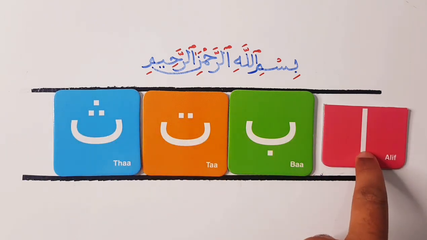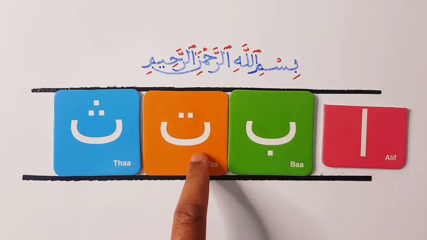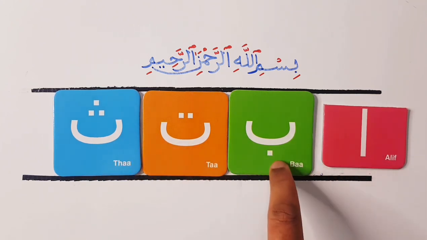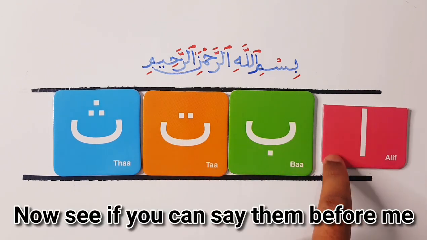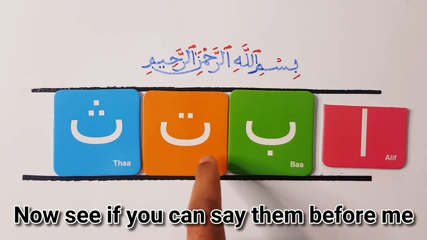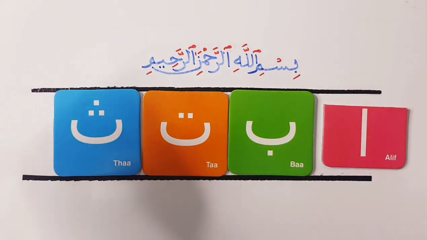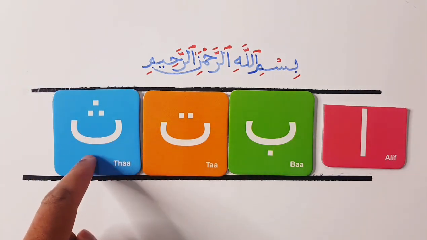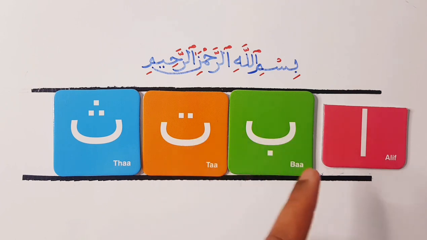So let's read all of them together. Alif, ba, ta, tha. Alif, ba, ta, tha. And keep doing that until you've mastered it. Once you've mastered it in order, try and go in the opposite direction, or mix and match between them.